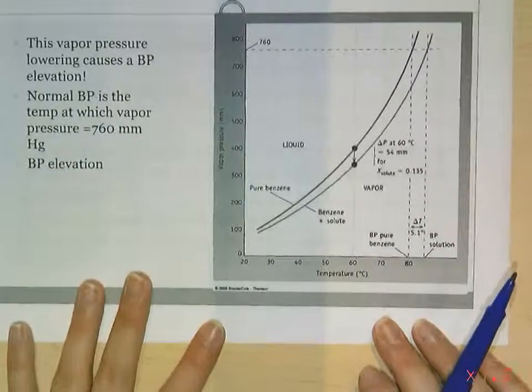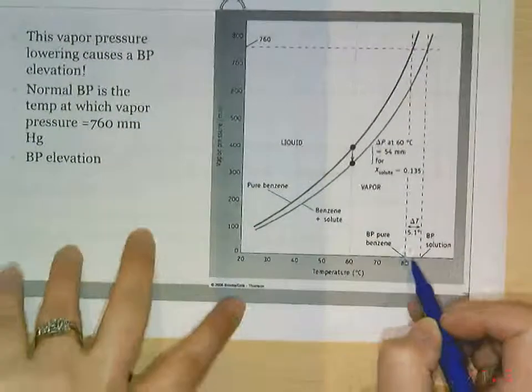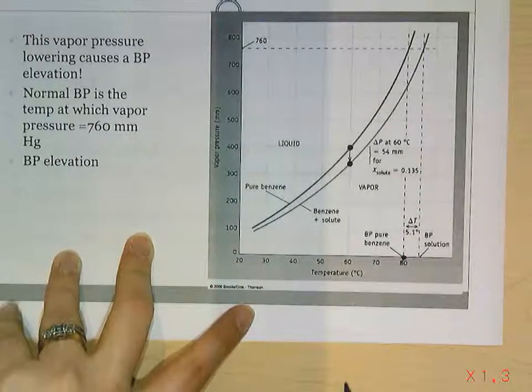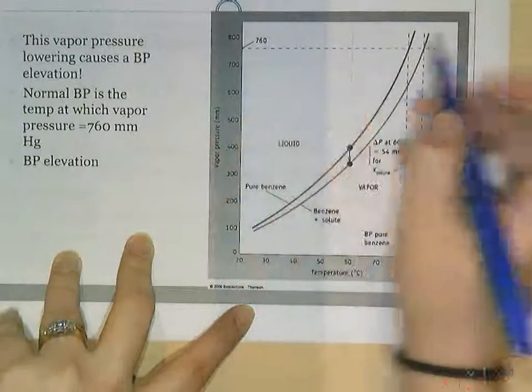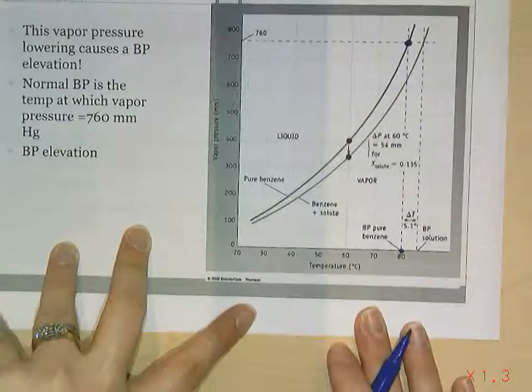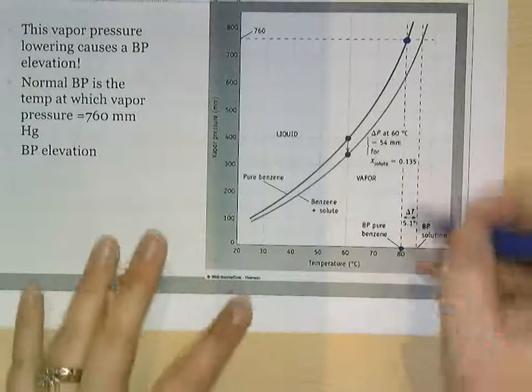Focus. There we go. All right, so here was our boiling point of pure benzene. It's about 80. And at regular atmospheric pressure, 760, that's where it boils.